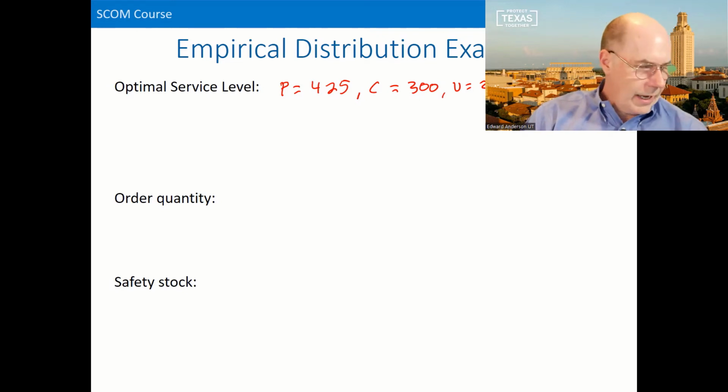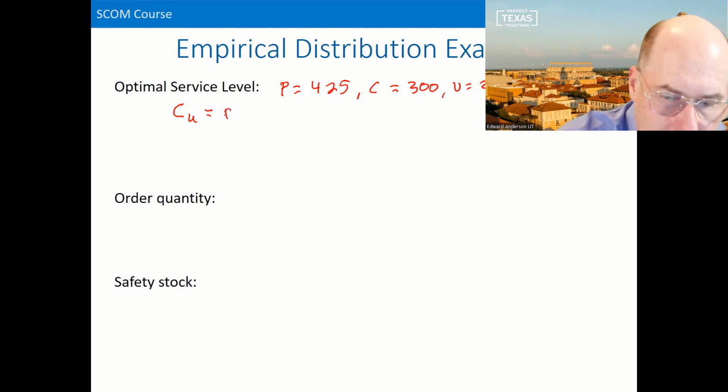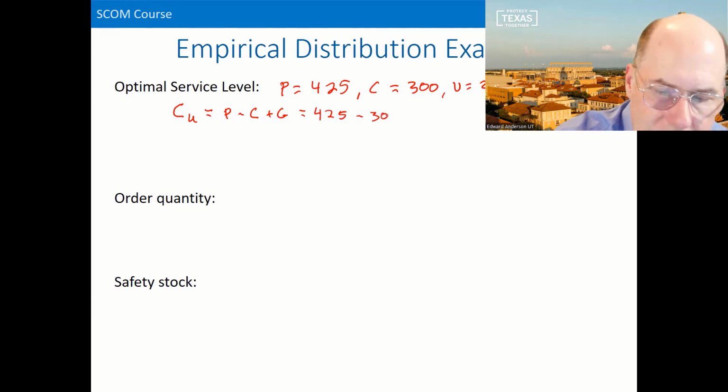So, okay, we've got those 4 costs, and then we calculate the cost of understocking, which is P minus C plus G, which is equal to $425 minus 300 plus 0 equals 125.